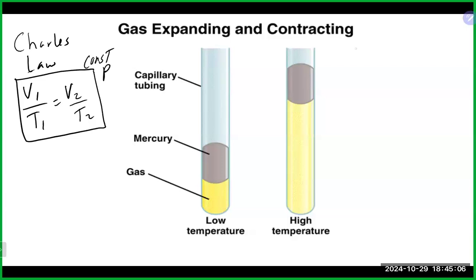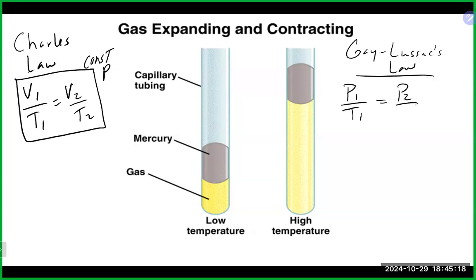There's also Gay-Lussac's law, and that is P1 over T1 is equal to P2 over T2, and this is at constant volume.